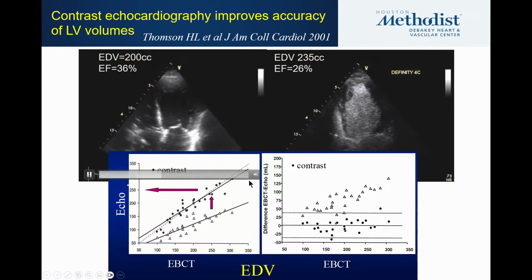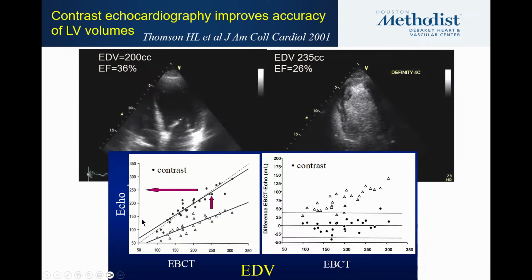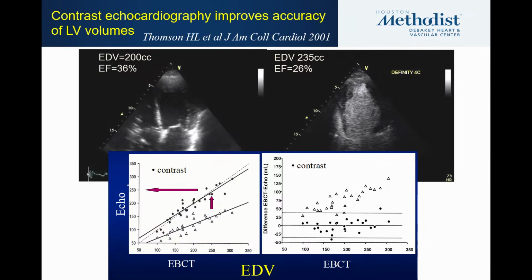So you can see how close the regression line was to the line of identity. So if you had 250 cc by echo, you had around 250 cc by the CT. So contrast really brings us closer to correlating better with other standards, today would be CMR.